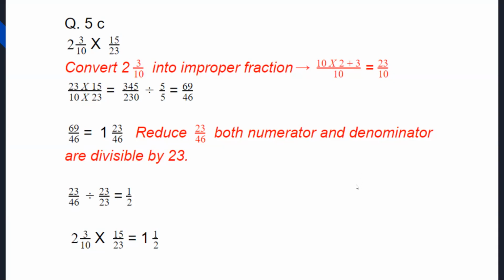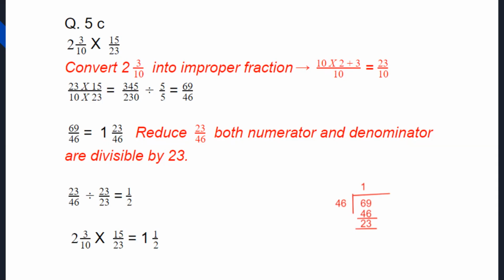69 upon 46. We can convert it into mixed fraction. Now reduce it by dividing 69 by 46. When we divide, we will get the mixed fraction 1 23 upon 46. Students, 1 is the integral part. 23 upon 46, the fraction part, is divisible by 23.